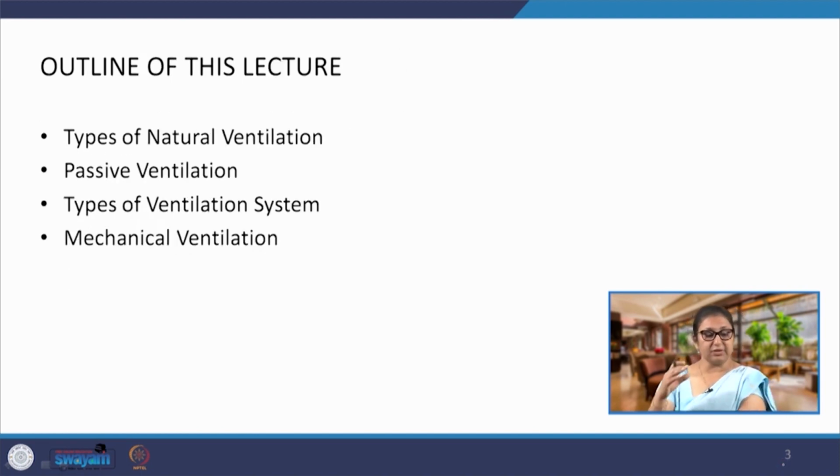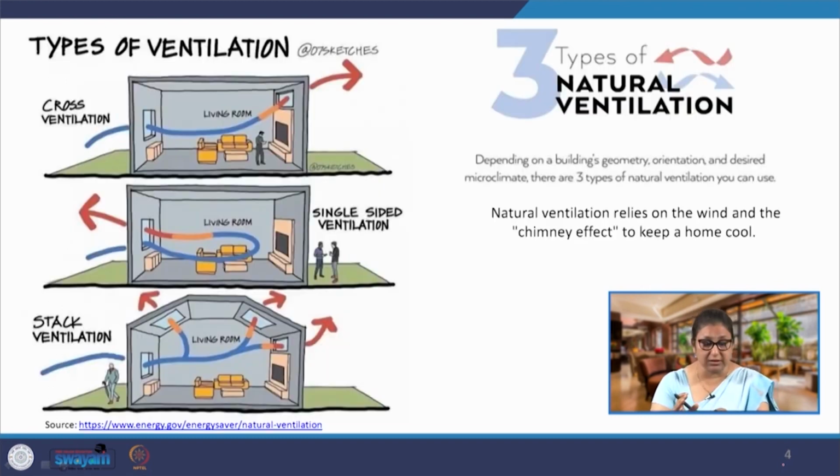In today's lecture, we are going to focus on different types of natural ventilation which can take place in the building, the passive ventilation, types of ventilation systems, the mechanical ventilation. So, we are largely going to focus our discussion on different ventilation strategies that can be employed in the building.